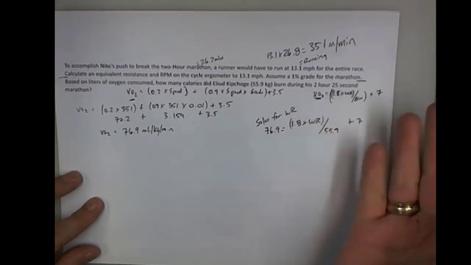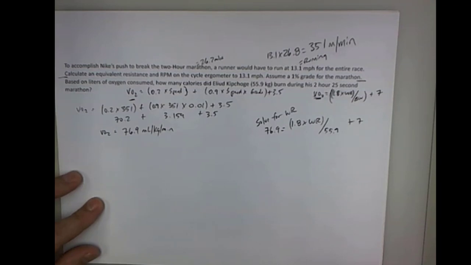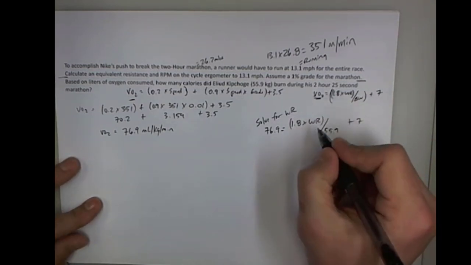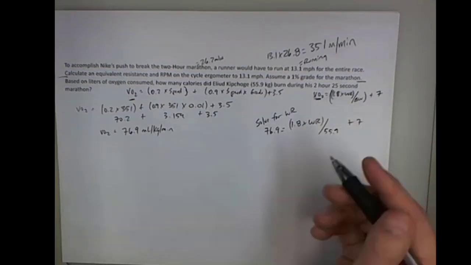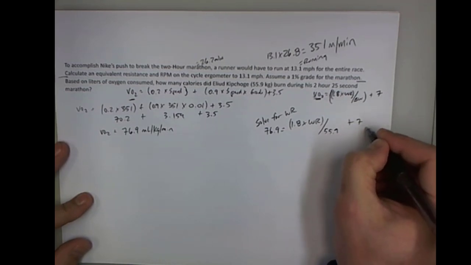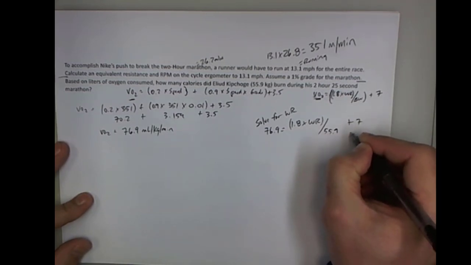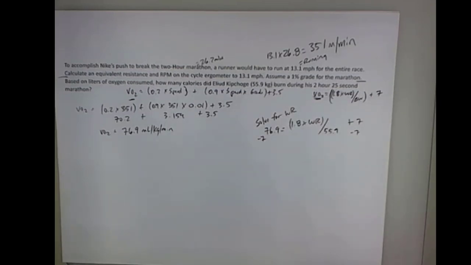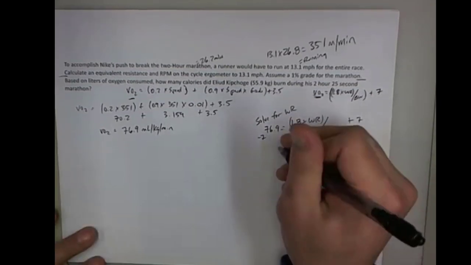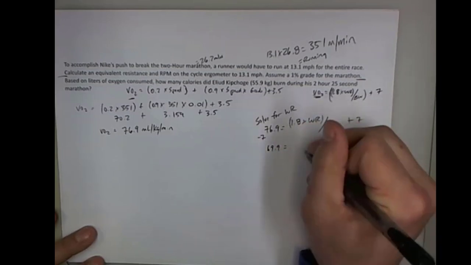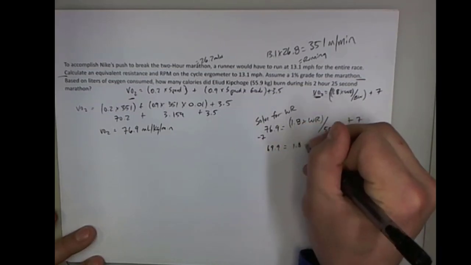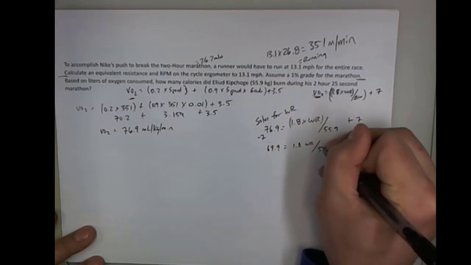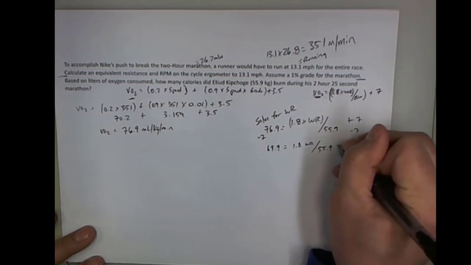Sorry for the confusion of the notation here. So to solve for this, we're going to work our way backwards. We're going to subtract 7. And then we're going to multiply by 55.9.